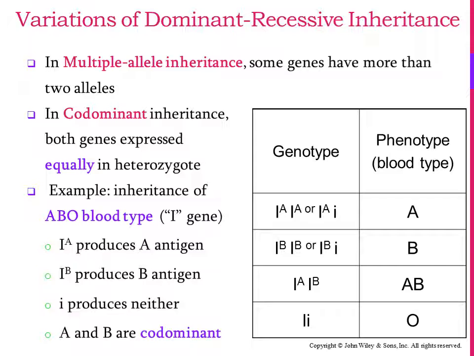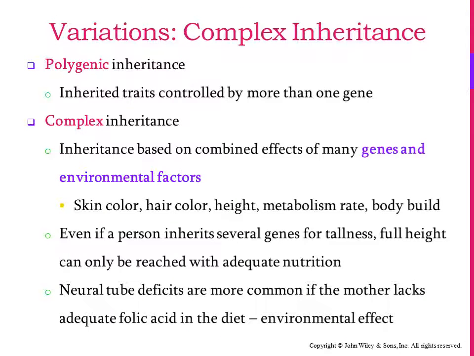So they are also blood type A. Similarly, for the IB individual or the BI individual, they will have only B on the surface. But the person that is homozygous for the I allele will have neither antigen on their red blood cells, and their blood type is O. Okay, so again, A and B are codominant. They are equally expressed when they're present, and the I allele in this case results in no antigen on the surface of the red blood cells.